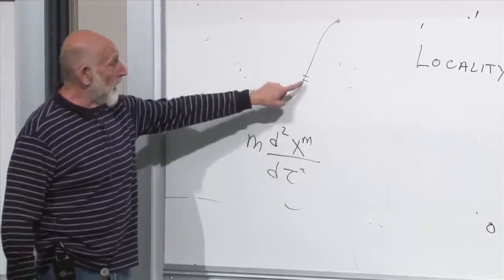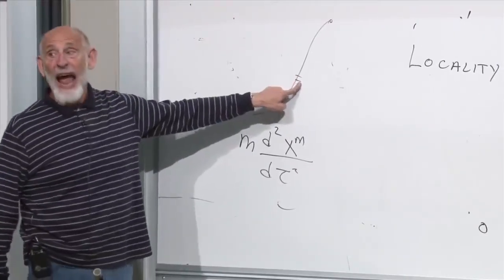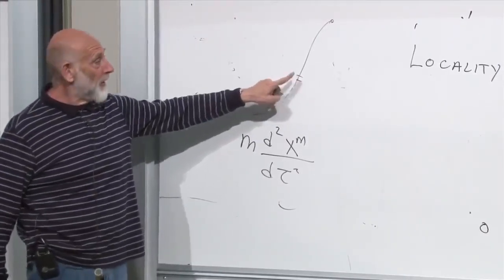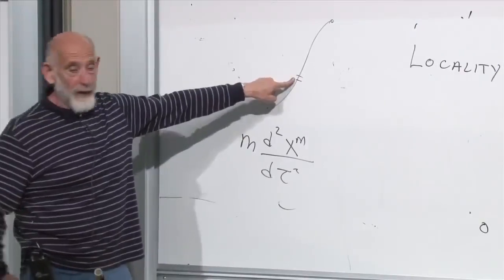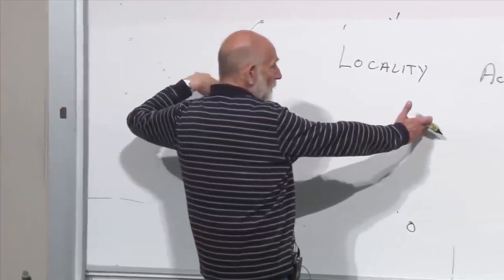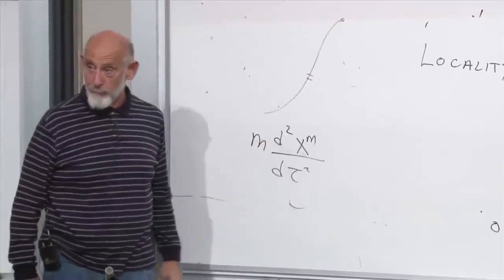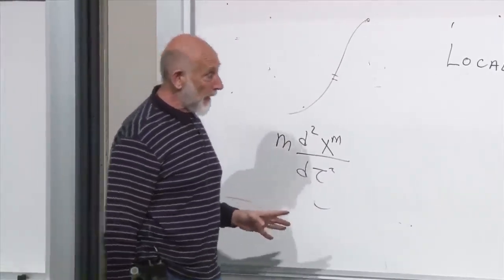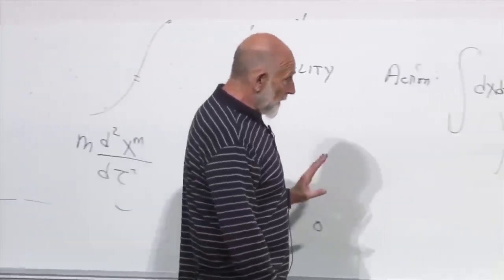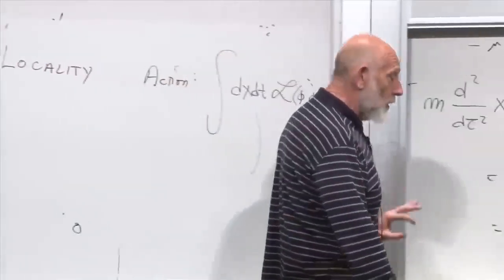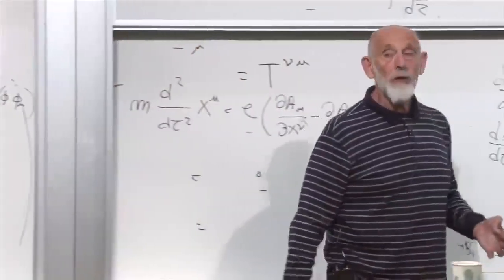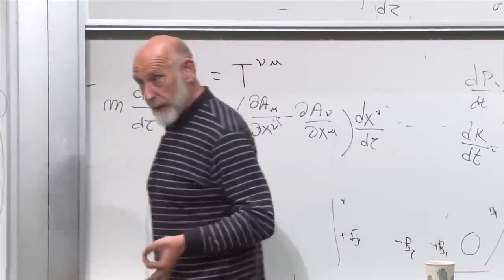But also, it depends on the values of the fields at the position of the particle. The acceleration of a particle over here does not depend on the value of the field over here. It depends on the values of the fields in the neighboring region.